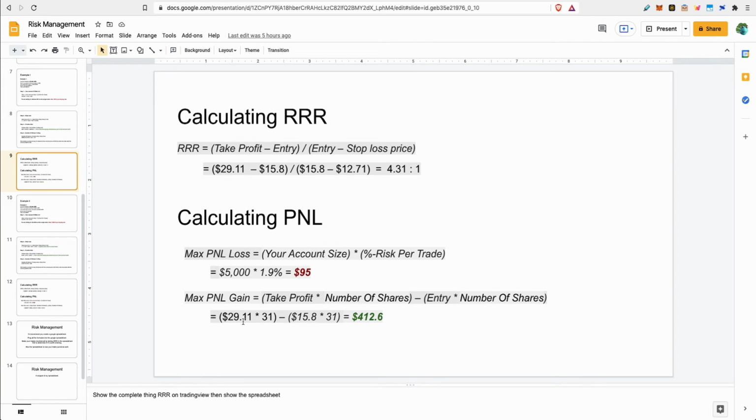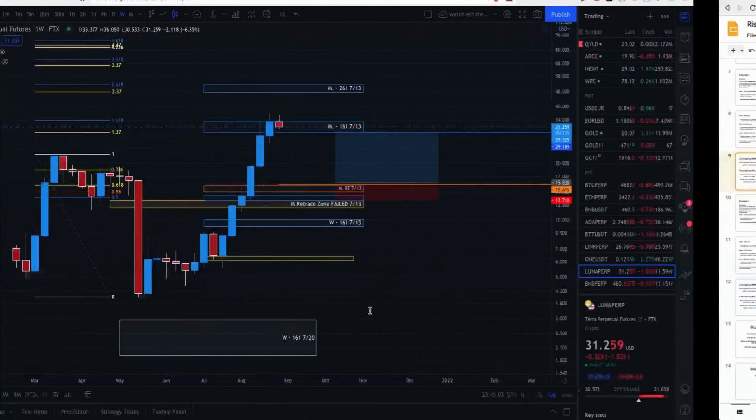So $29 target price times 31 shares, minus your entry price, 15.8, times the number of shares, equals 412. So you're risking $95 or $100 for $400 profit. Would you enter this position? I would. I definitely would. And if I'm only risking $95 against 400 profit, why wouldn't I?